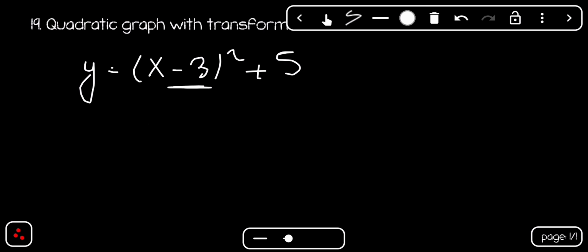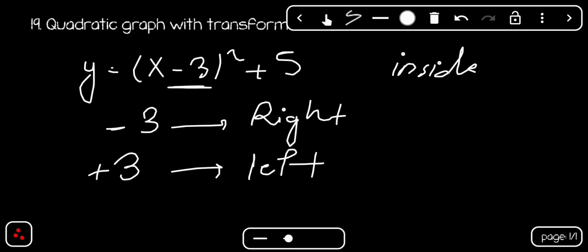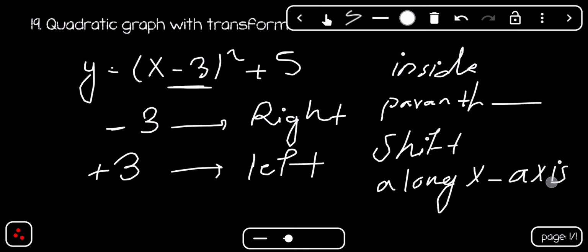It's a little bit tricky: when we say minus 3, it will shift to the right side, and if it's plus 3, it will shift to the left side. So you have to understand that inside the parentheses, we have the shift along the x-axis. This is one part.